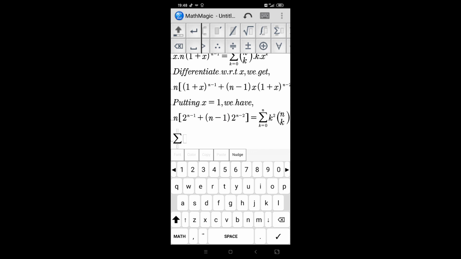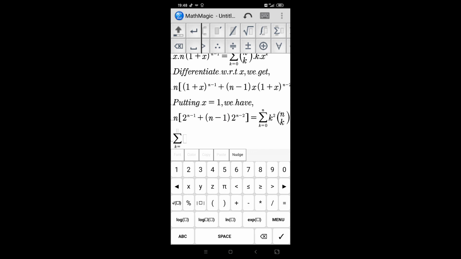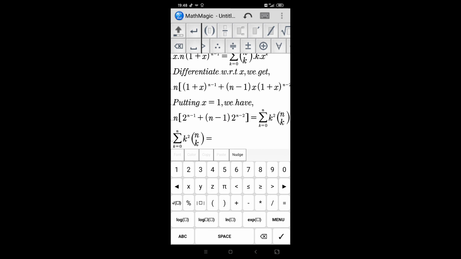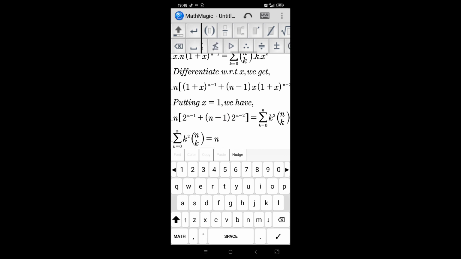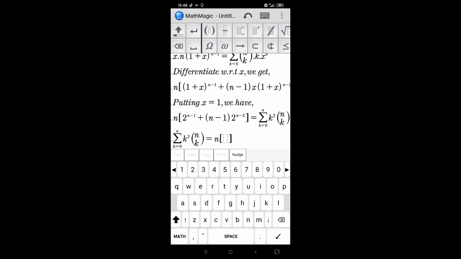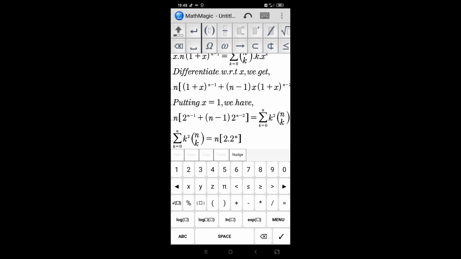So the sum from k equal to 0 to n of k square times combination of n k, which is equal to, here we are going to simplify a little bit, n times 2 to the power of 2 into 2 to the power of n minus 2.